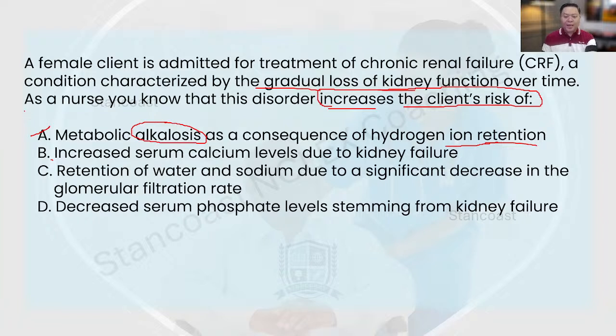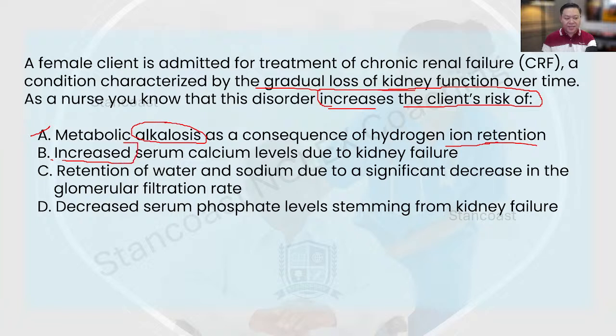And recall now your concept about the involvement of vitamin D in the absorption of calcium, right? And it will actually lead to hypocalcemia if there is a deficiency in vitamin D. So we are going to cross this out because it's saying increase.